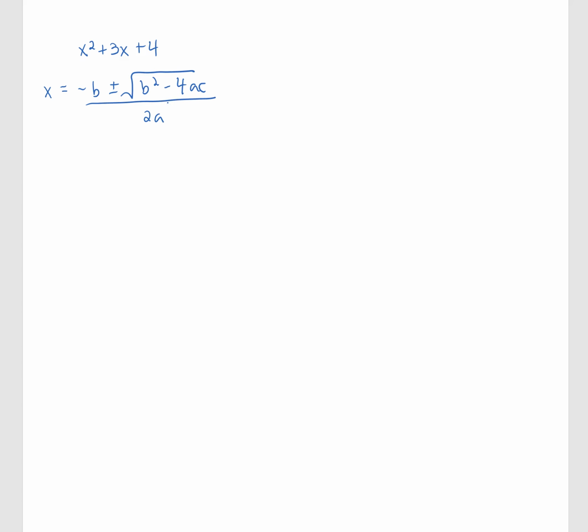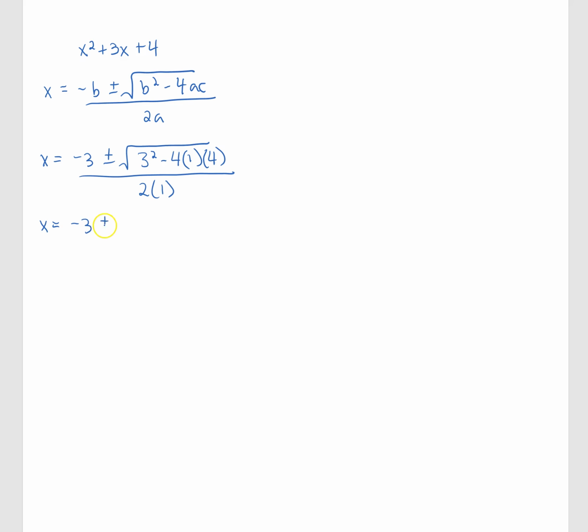So we plug in a, b, and c, which are the coefficients of what we're trying to factor. So b is 3 here, and so that gives us negative 3 plus or minus the square root of 3 squared minus 4 times a, which is 1, times c, which is 4, over 2 times a, which is 1.